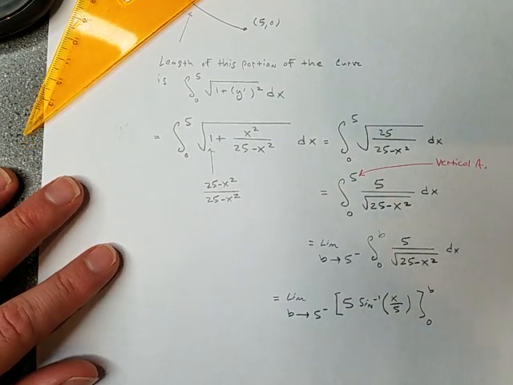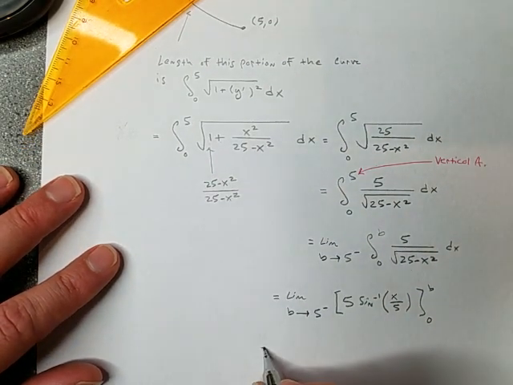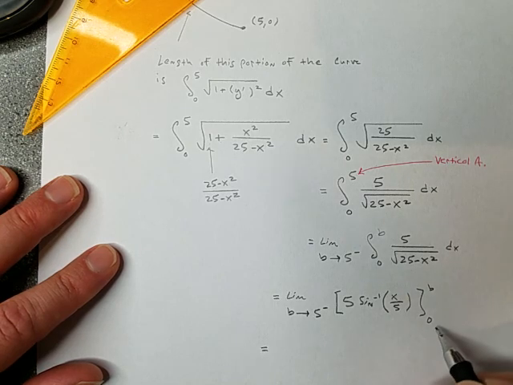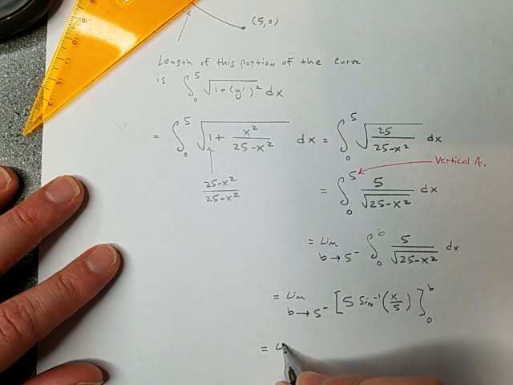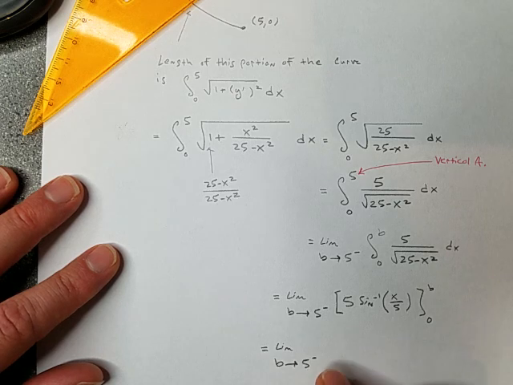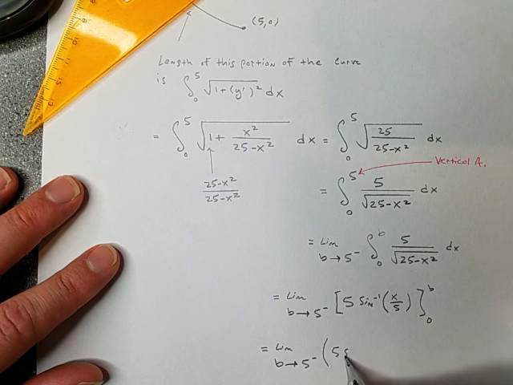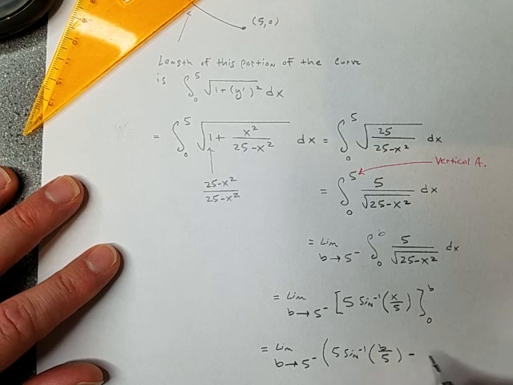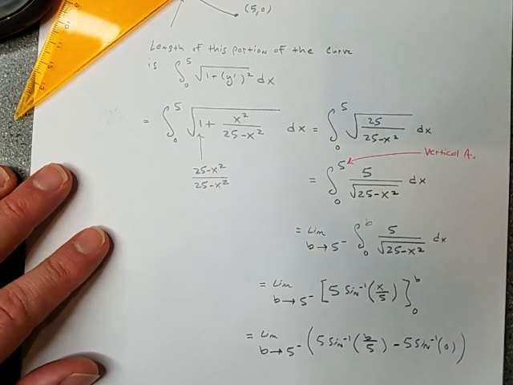All right, so let's see if we can do this then. We'll put b and we'll put 0, then we'll find a way to do the limit. So limit b goes to 5 from below, 5 sine inverse of b over 5 minus 5 sine inverse of 0.